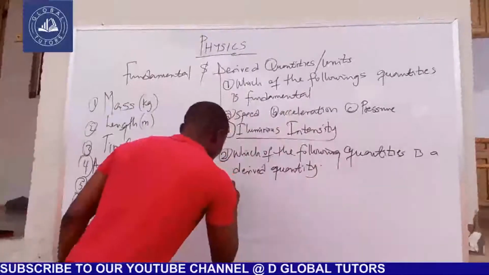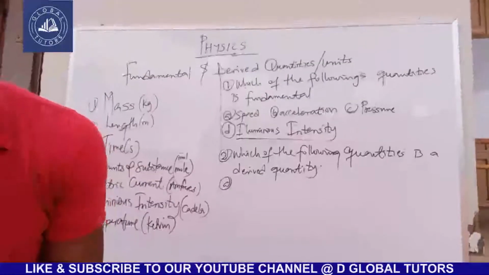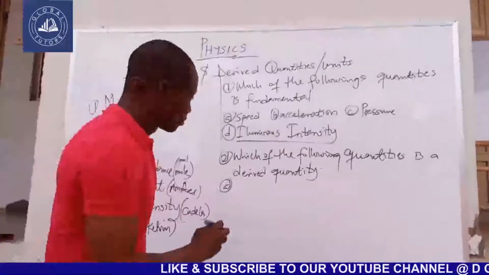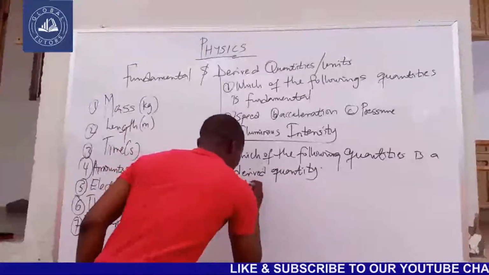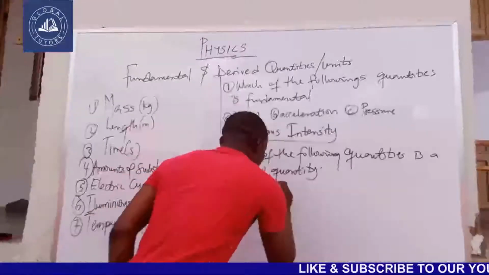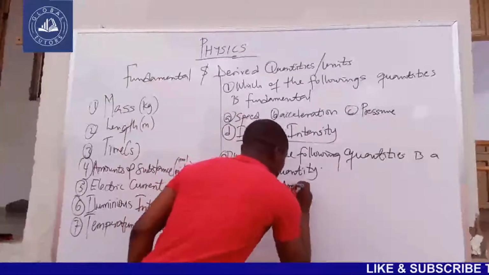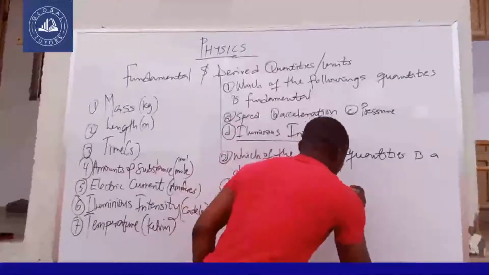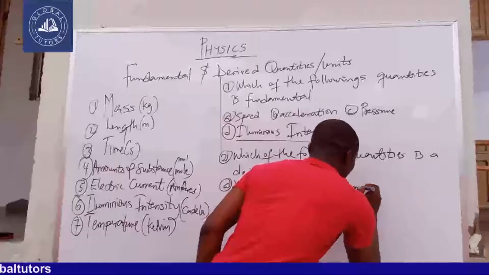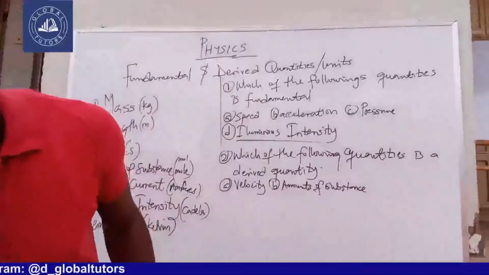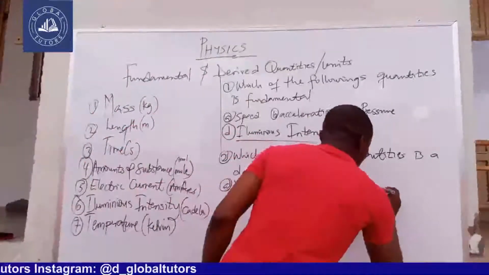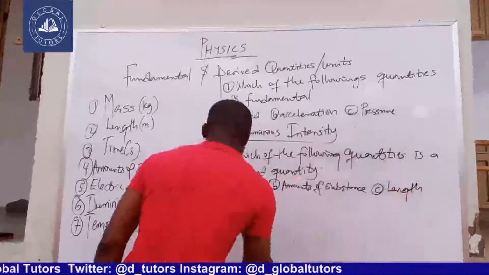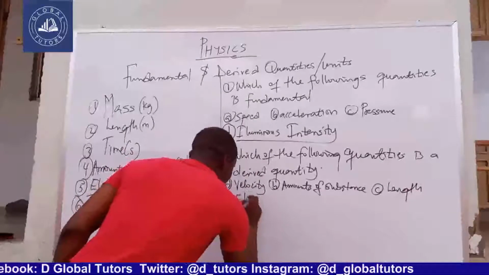Option A is velocity. Option B is amount of substance. Option C, length. And option D, electric current.